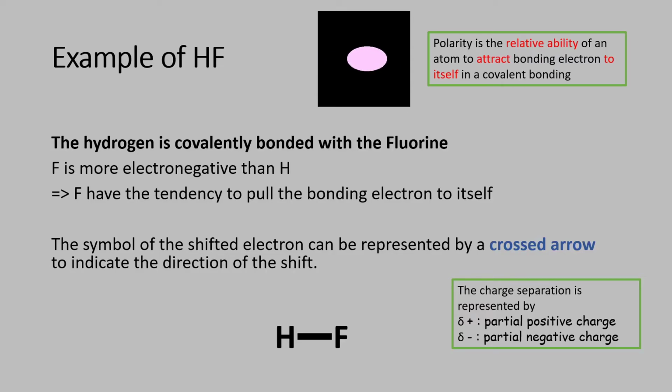So let's see the example of hydrogen fluoride, which is a polar molecule. Okay, fluorine is more electronegative than hydrogen, so fluorine has a tendency to pull bonding electrons toward itself.